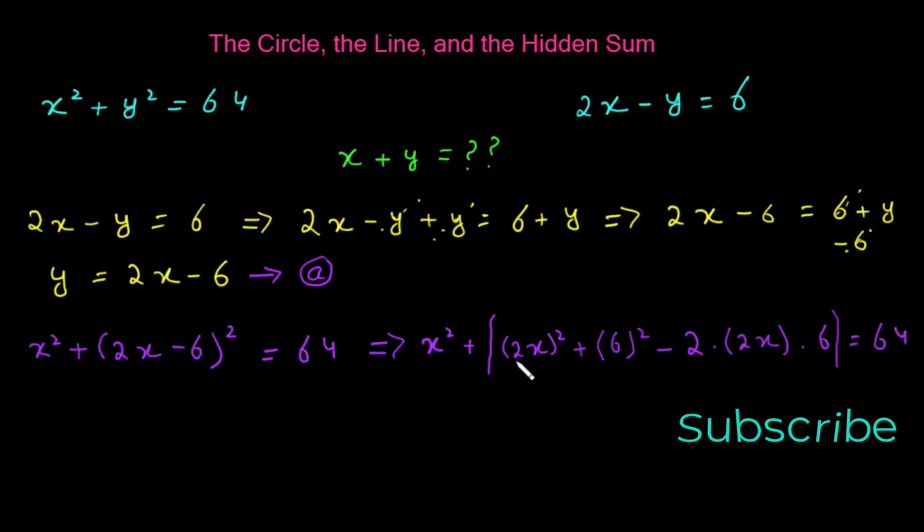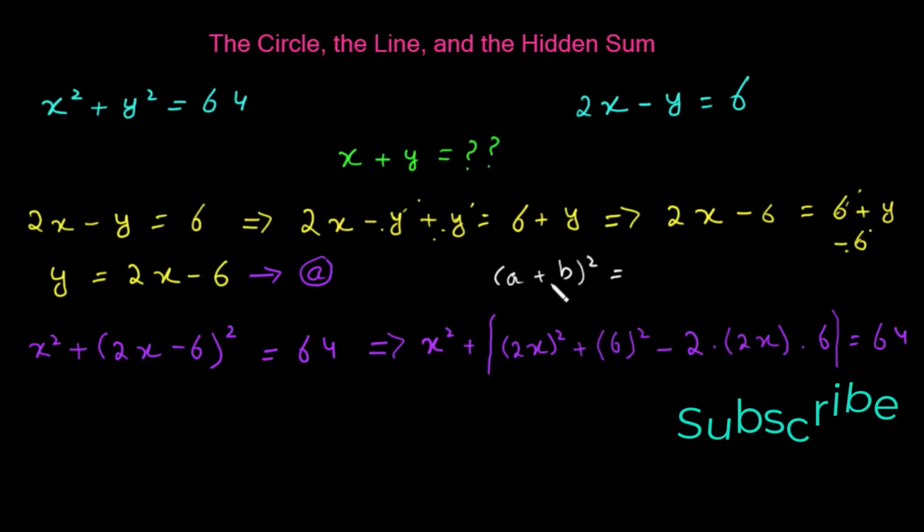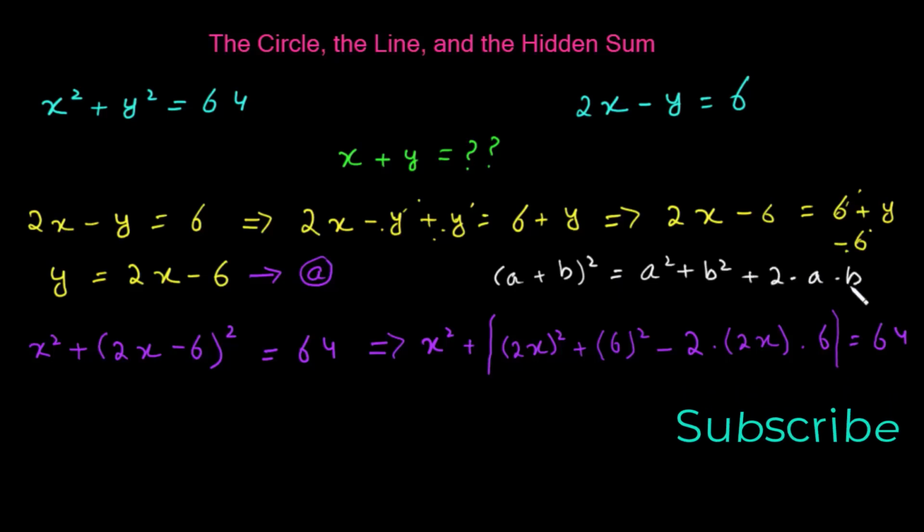Over here I have applied the formula of a plus b whole squared, that will be equal to a squared plus b squared plus 2 times a times b. Here I have treated this 2x as a and 6 as b, and when we have minus between a and b, then only this sign will be changed. This will remain as it is.